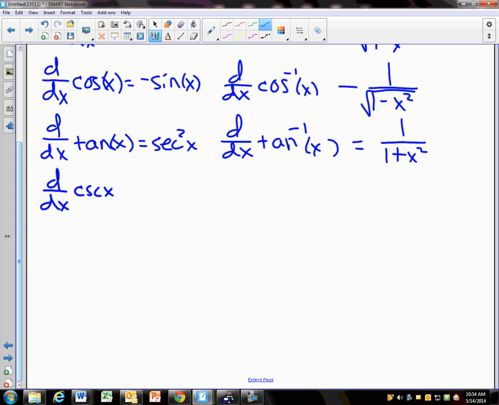Do you know the derivative of cosecant? Negative cosecant of x times cotangent of x.